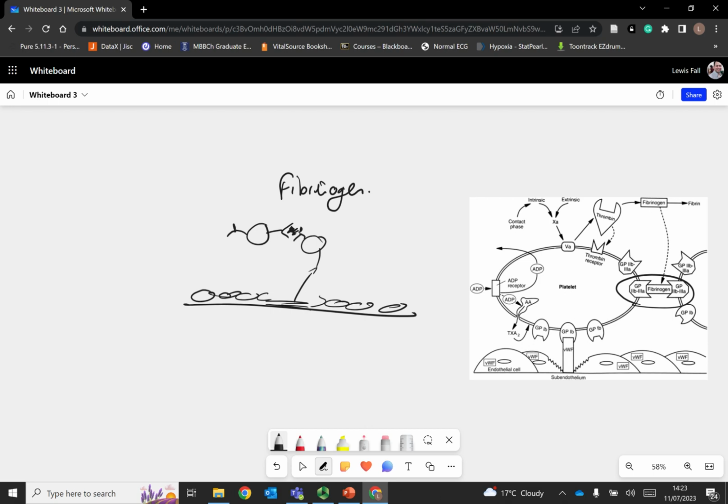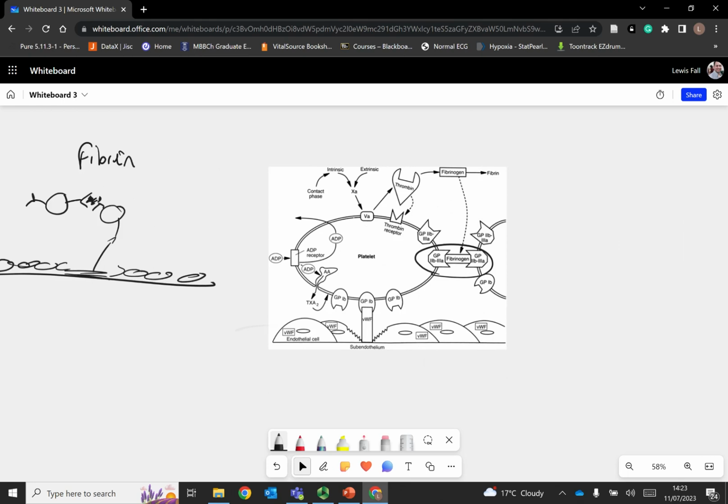So we want that fibrinogen to be cleaved, to open up its active sites, and that is to turn it from being fibrinogen into fibrin, because fibrin is insoluble.